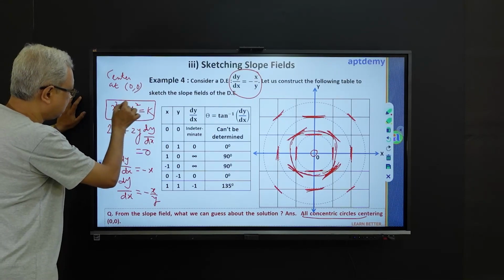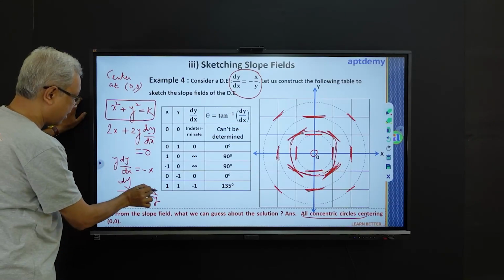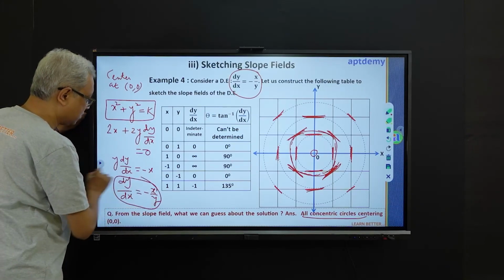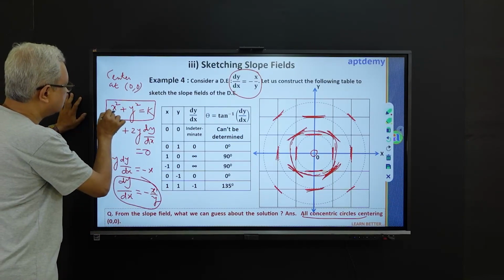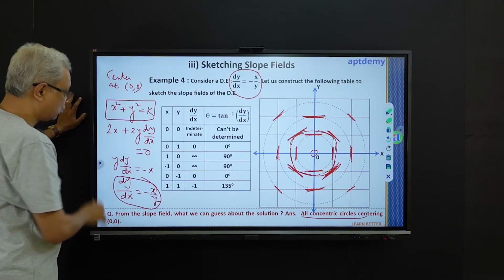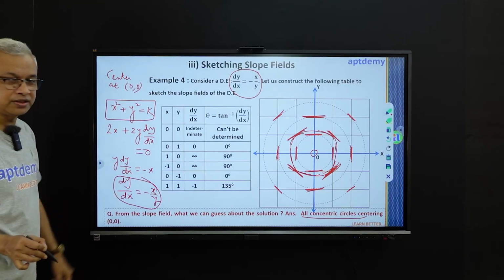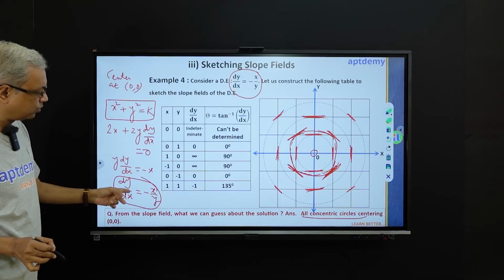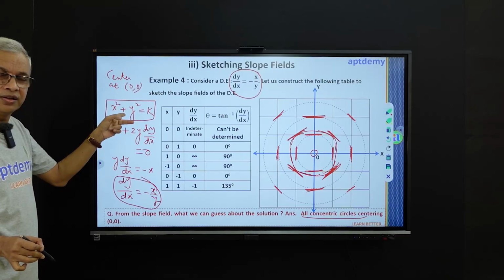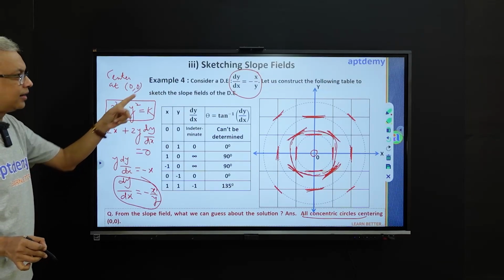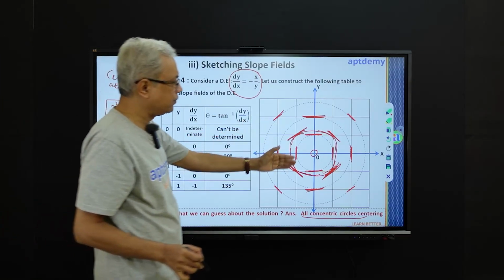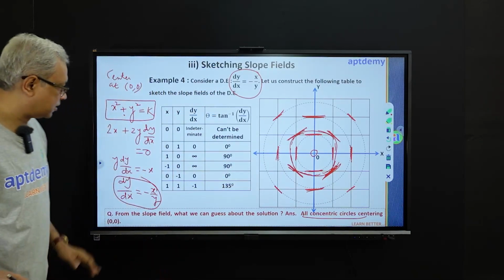If we take the derivative with respect to x, we arrive at this equation, which is the given differential equation. Therefore, the set of concentric circles truly represents this differential equation. That means the solution of this differential equation will be a set of concentric circles, and that we could guess from the slope field itself.